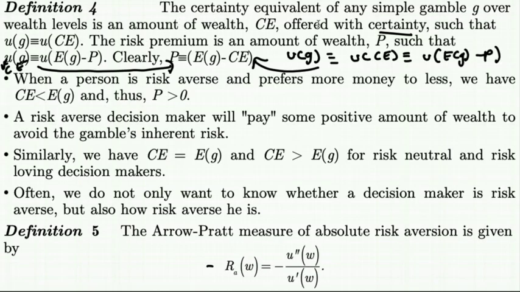Remember, the certainty equivalence of any simple gamble, call it G, over wealth levels is an amount of wealth, we call it CE, offered with certainty, such that UG, or expected utility of gambling, is just the same as utility of certainty equivalent. And the risk premium is an amount of wealth P such that UG is identical to UEG minus P, and so on and so forth.